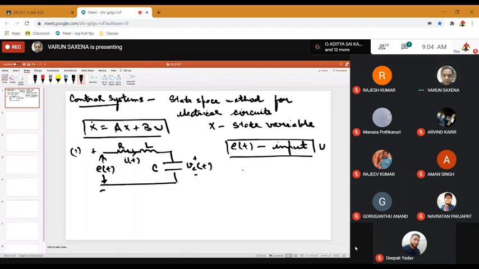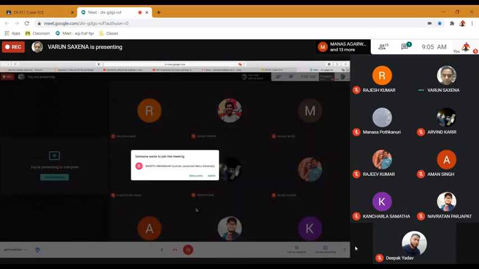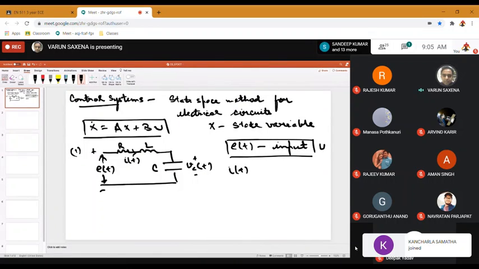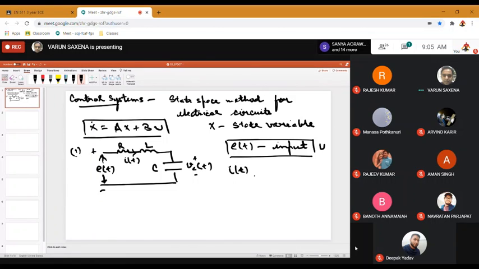Then state variables. Whenever a system is given to you, state variables you are free to choose, but generally you choose them as entities that vary with time in the circuit. So over here we have i(t) that varies with time, and then you have vC(t) that varies with time.